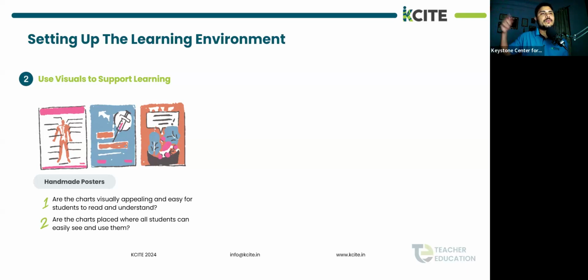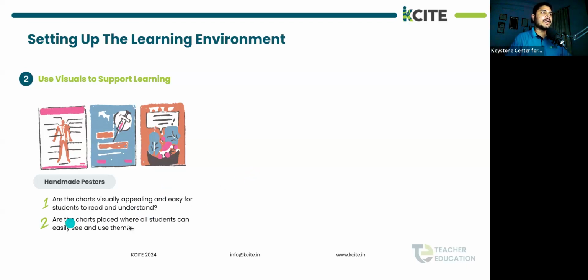No. So we need to remember whatever materials or visuals we keep in the class, are they readable from far? A lot of text is also a problem. Keep just the keywords. When I look at the keyword, I can easily recall.